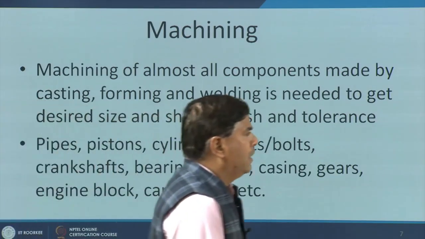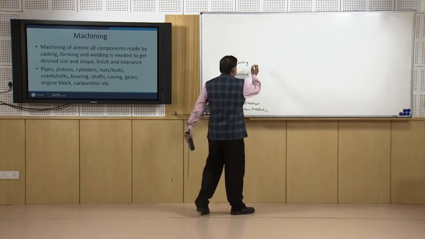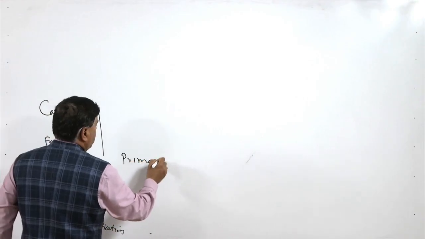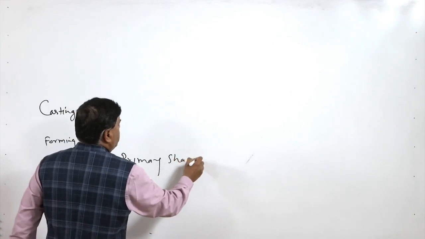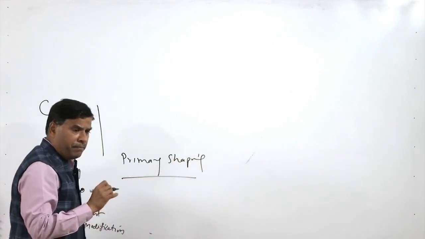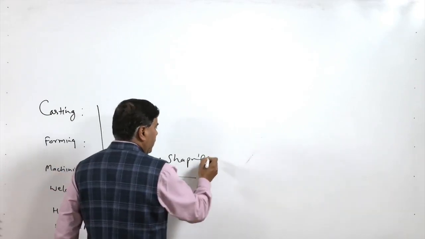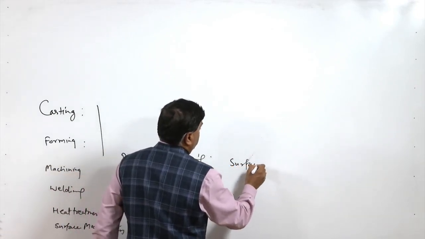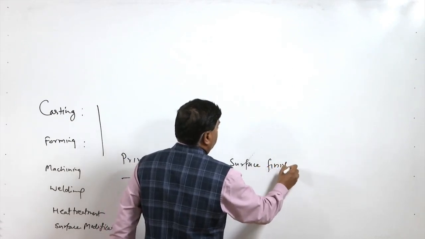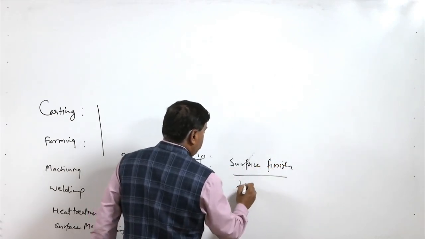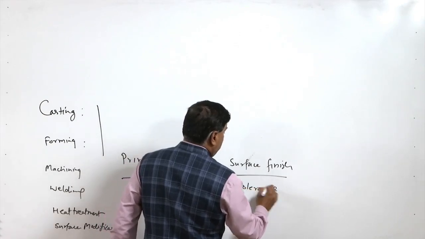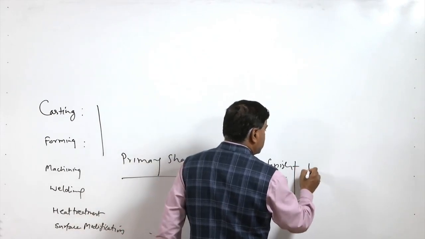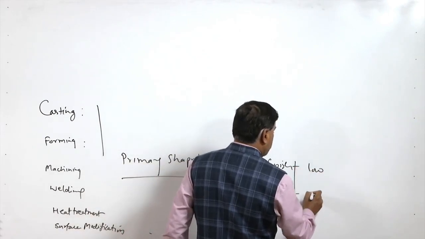Machining: we know that both casting and forming are the primary shaping processes, which help us to reach close to the desired shape and size. But the surface finish produced is low and the tolerance is wide.